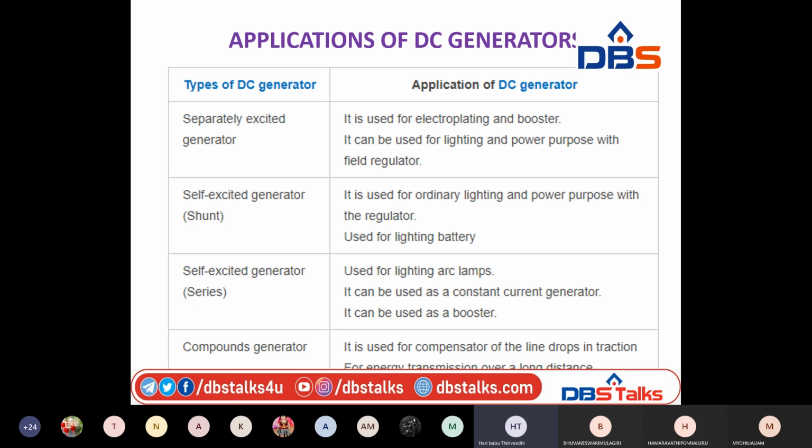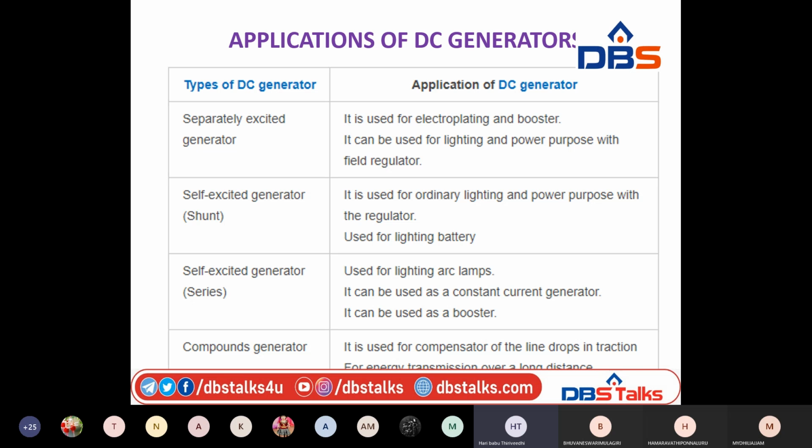This is about first unit. So we discussed the operation of a DC generator, construction of a DC generator, EMF equation of a DC generator, some problems, types of DC generator, that is excitation, types of excitation, problems, then voltage build up, how to build the voltage in a self-excited generator.